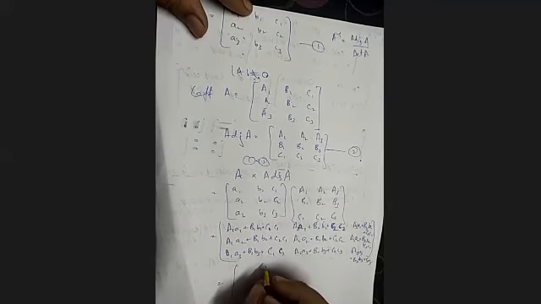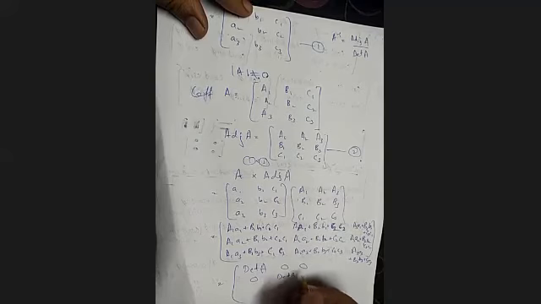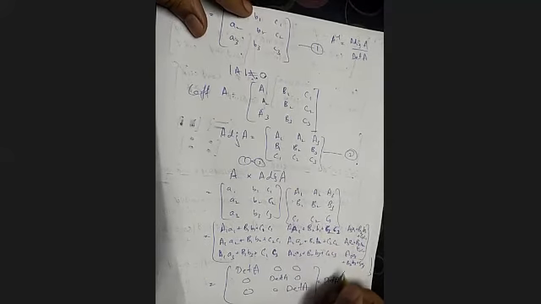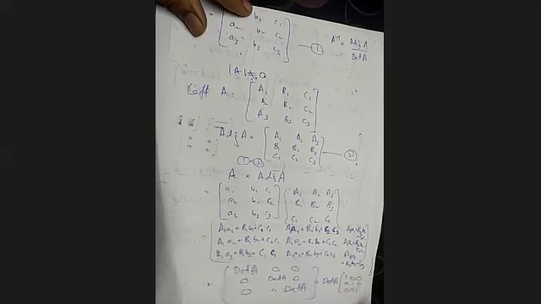Now you have to multiply this. We'll get the answer as det A 0 0, 0 det A 0, 0 0 det A. Now we can take det A common, so det A into 1 0 0, 0 1 0, 0 0 1.